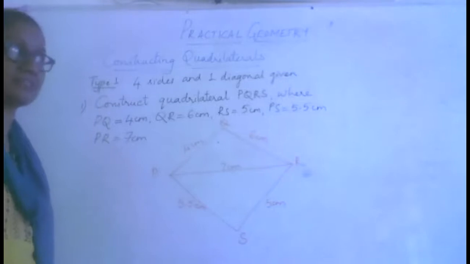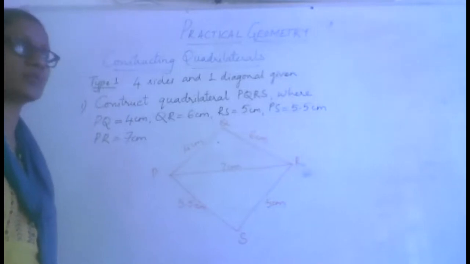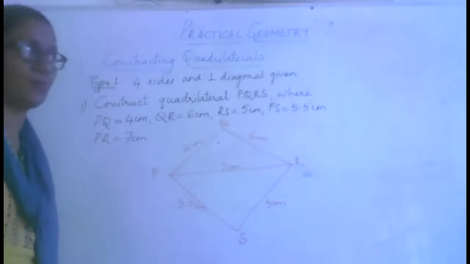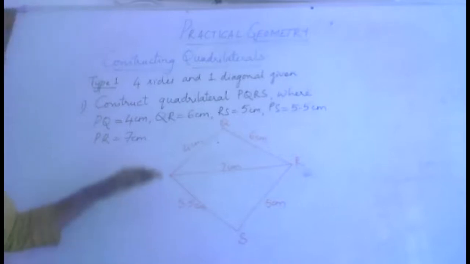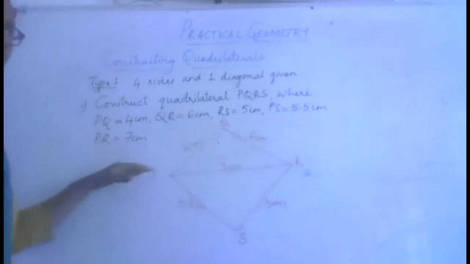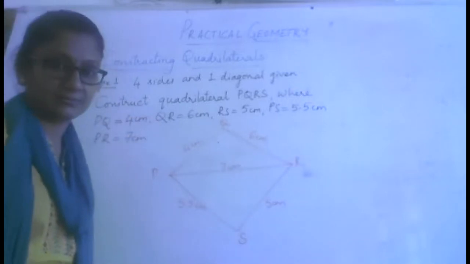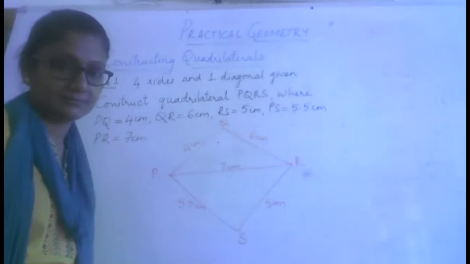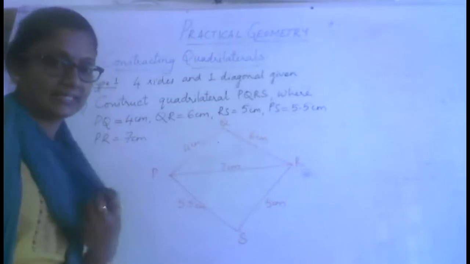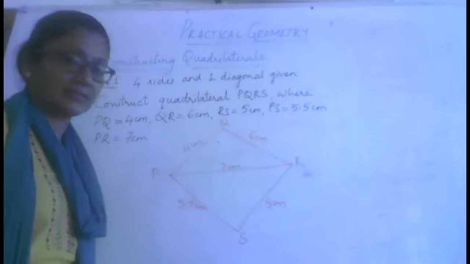Now this is how the rough sketch looks. Now this rough sketch will allow me to decide how I'm going to start my construction. Now this diagonal plays a big part in the construction. By drawing the diagonal of the quadrilateral, what happened to the quadrilateral?